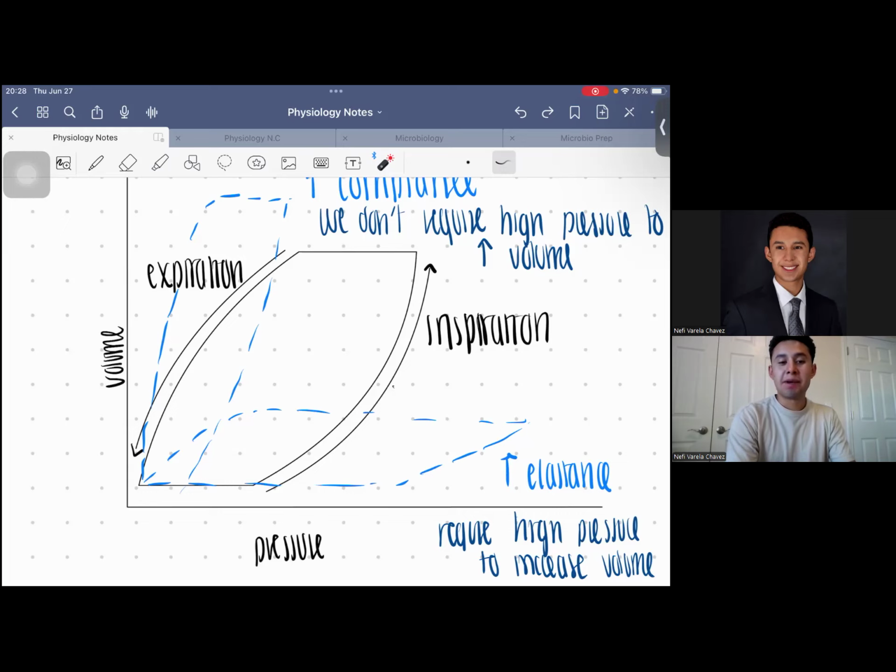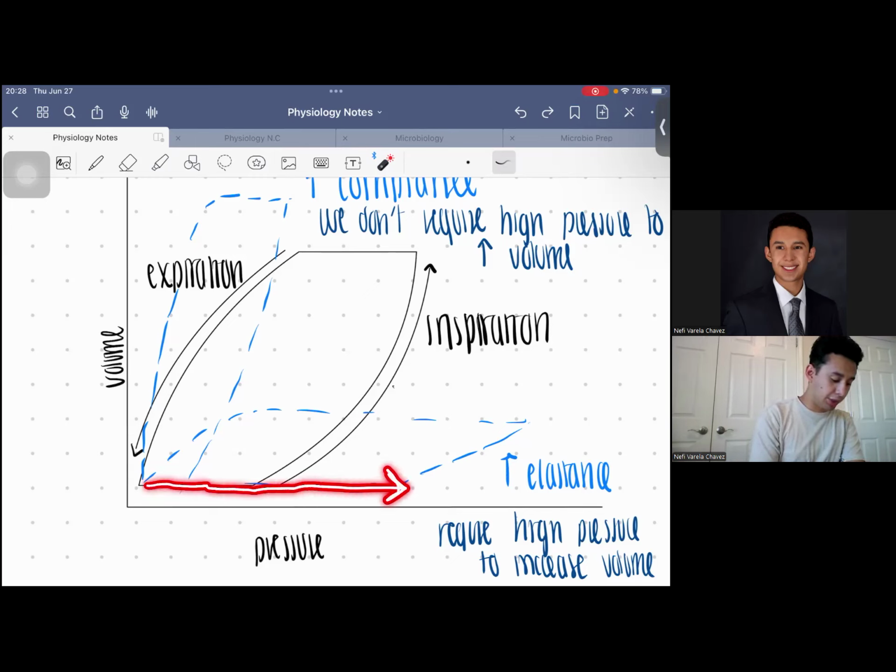And of course, because we have that higher elastance, we're not going to increase the same level of volume. Okay, so that's what this graph is representing. We need a lot of pressure, and we are not going to fill it with a lot of volume and return to its original state. We need a lot of decrease of pressure to decrease volume. Okay, so that's pretty much it.